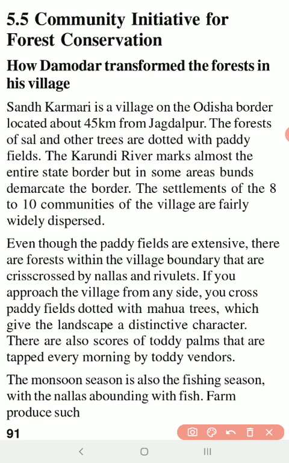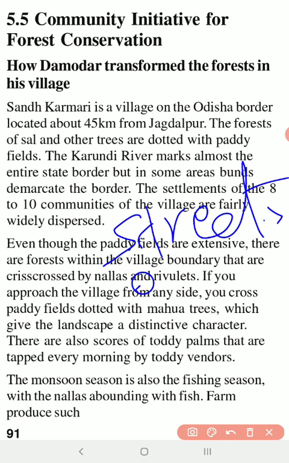Okay, so usually in the town setup or in the cities and so on, there are different streets we have. So street means people live together. So they live together, and we can call that one street as one community. Which means people can look into the needs of each other, and people can help each other. So the main aim of the community is that they support each other, they help each other.